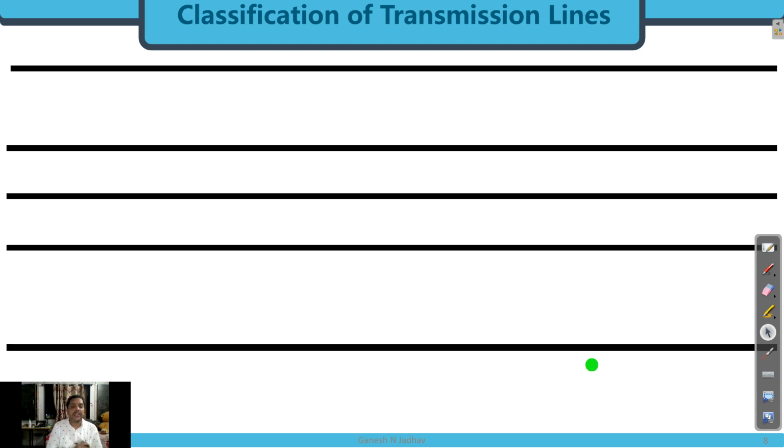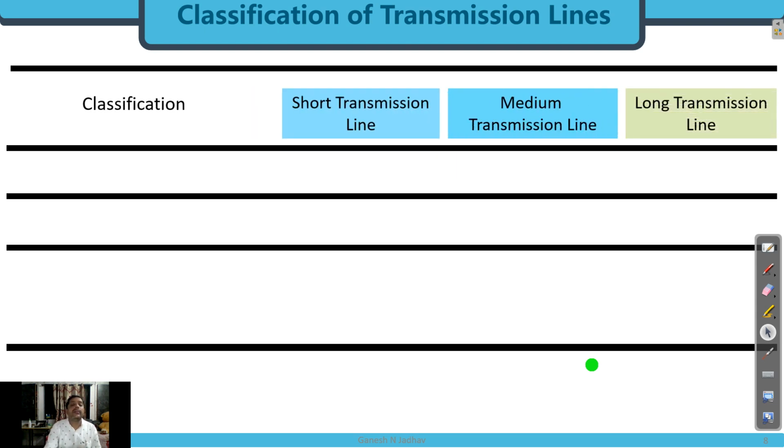But classification of the transmission line by voltage level is okay for understanding transmission level voltages. While going to modeling, when we are going to analyze our transmission line, the voltage level alone is not sufficient. So according to length, the transmission lines are classified as short, medium and long transmission lines.